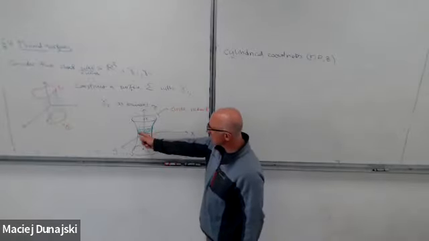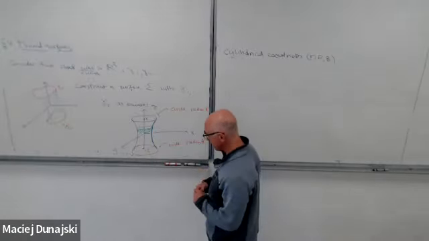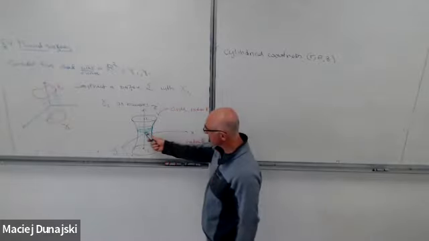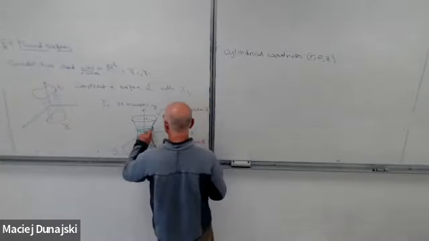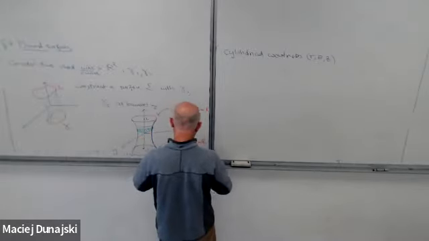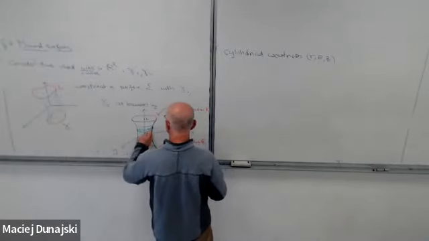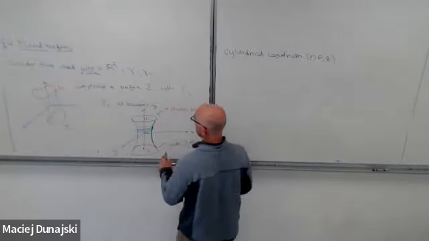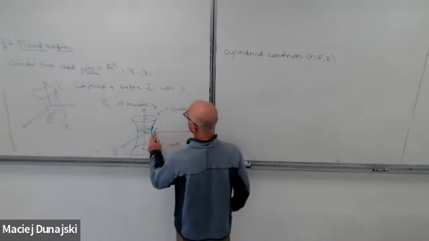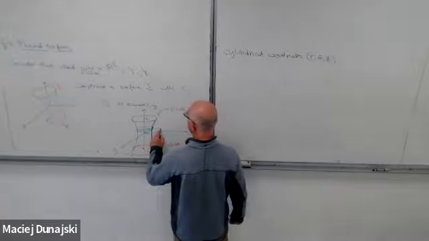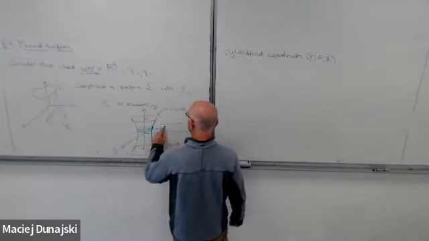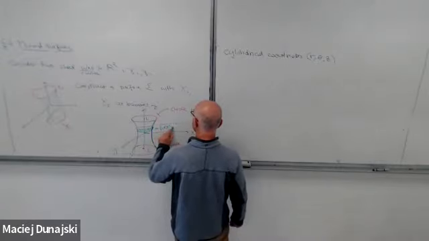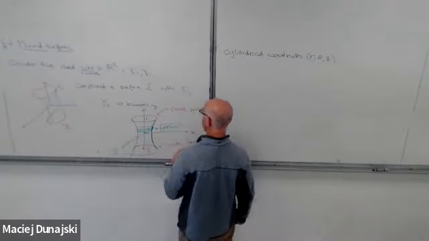So what do I need? I need the circumference of the circle for some given r times the length of this here. The length of this, I claim from Pythagoras' theorem in cylindrical polars, is dz squared plus dr squared.